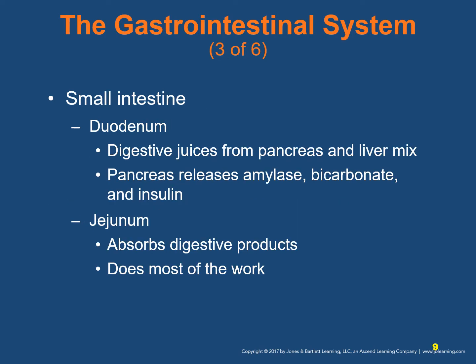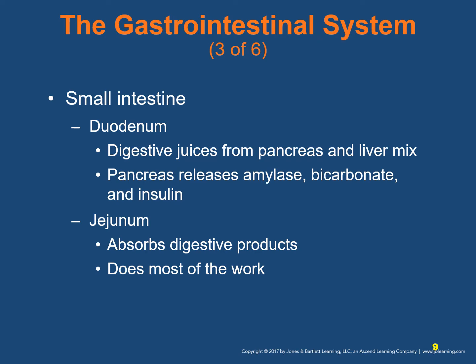Food then travels from the stomach to the small intestine, which consists of 3 sections. At the beginning of the small intestine, just past the stomach, is the duodenum. Digestive juices from the pancreas and liver mix together in the duodenum. The pancreas itself secretes enzymes that break down starches, fats, and proteins.